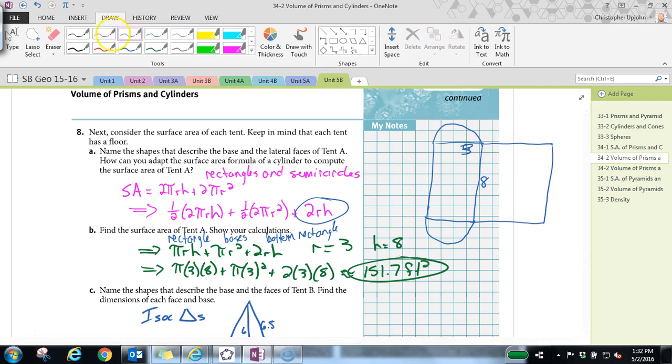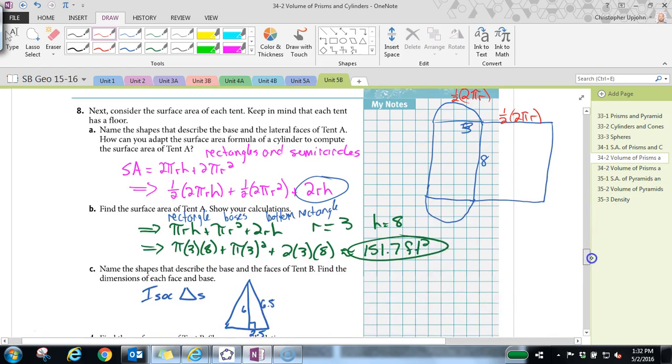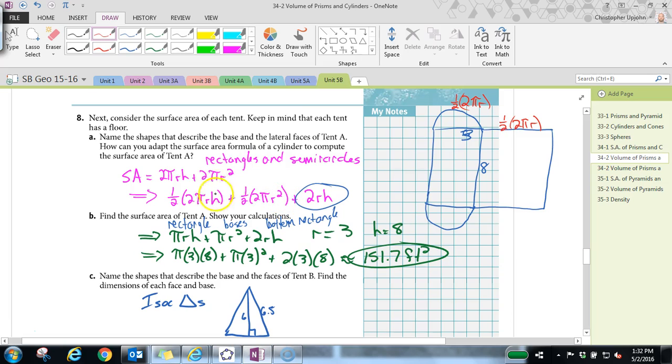And so this is half our circumference, half of 2 pi r. And so is this, because this wraps around the semicircle, which is just pi r. And that's what we were doing here.